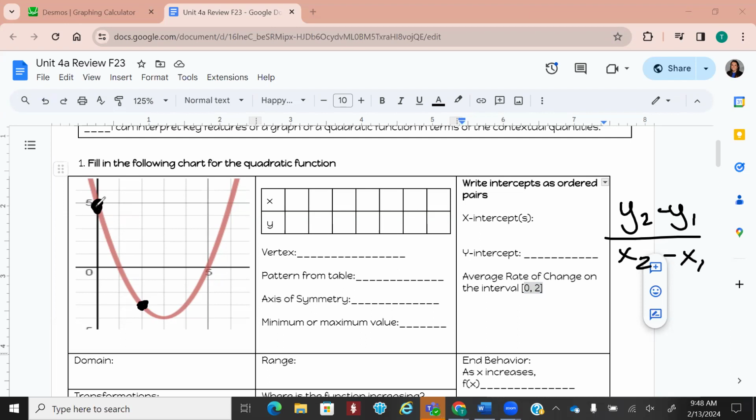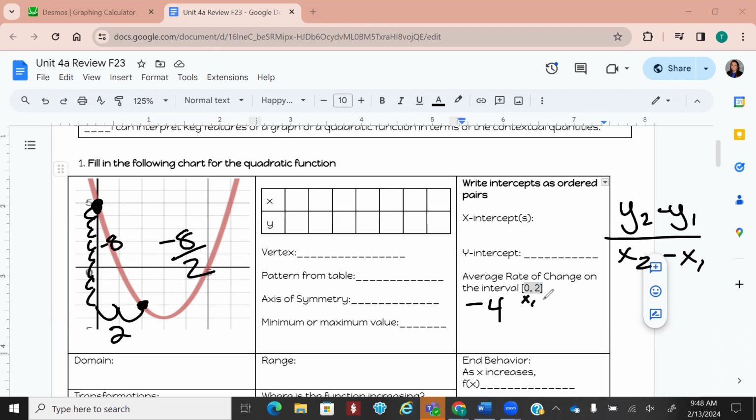So how far down do we go? How many units do we go down? We're going to go down 8, and then we go to the right 2, right? So what is -8 divided by 2? -4.